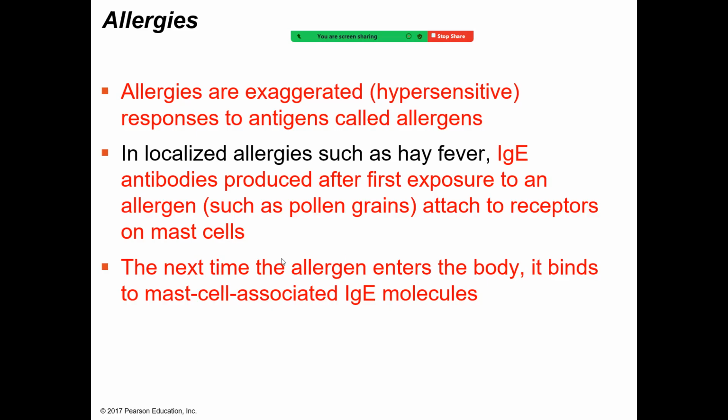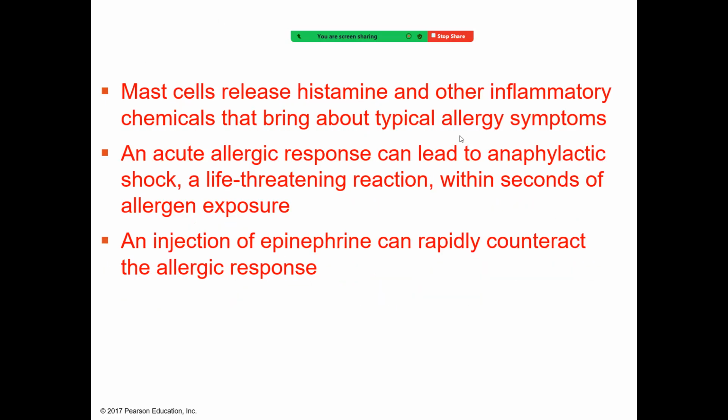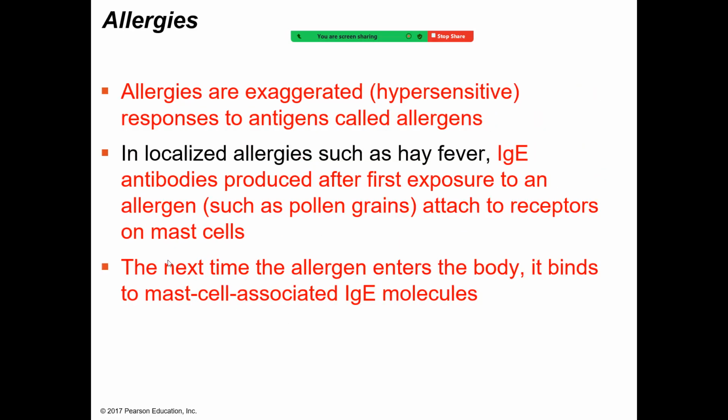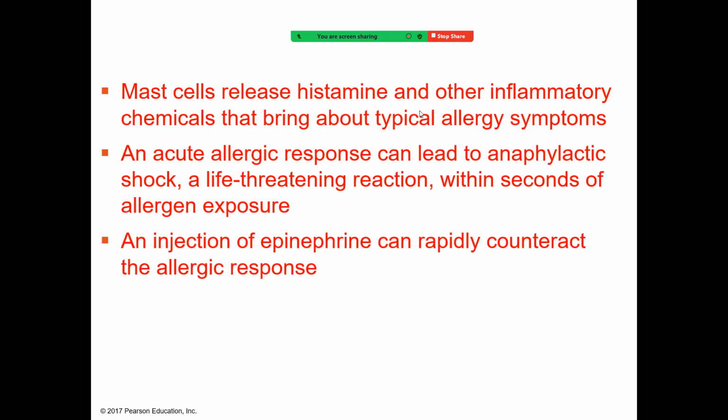So again, it's just an overreaction or a hypersensitivity of the body to particular allergens, oftentimes naturally occurring proteins or other molecules. So again, the mast cells that I mentioned before that are releasing the histamine, they do help to bring about that inflammatory response.